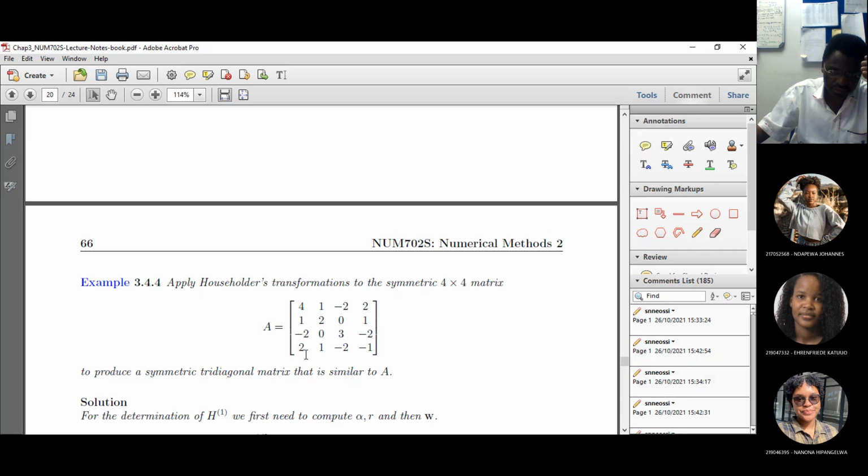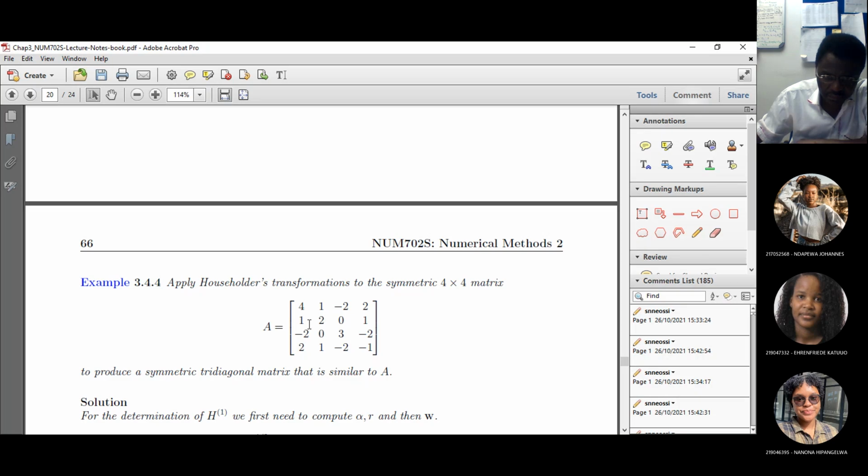The first 0 is for the first column, the second 0 will be for the second column, and the last 0 will be, so we have a total of 3 operations, each for the corresponding column. How many? No, we only have 2, sorry, because we want a tridiagonal, not a diagonal.